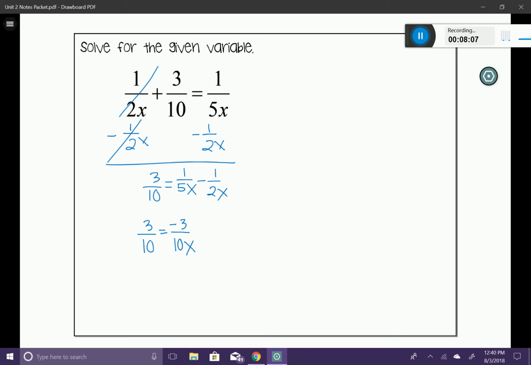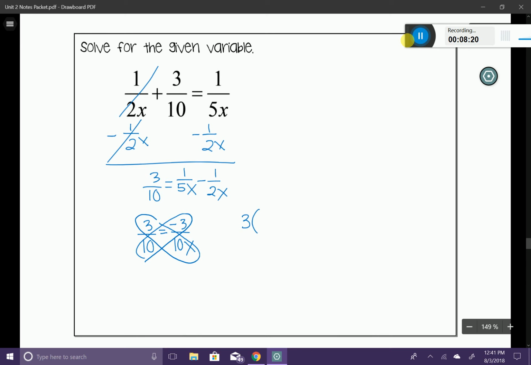So now, as you can see, we have a proportion. So let's go ahead and use our cross products and solve it. So let's do 3 times 10x is equal to 10 times negative 3. And simplify that down to 30x, and that equals negative 30.